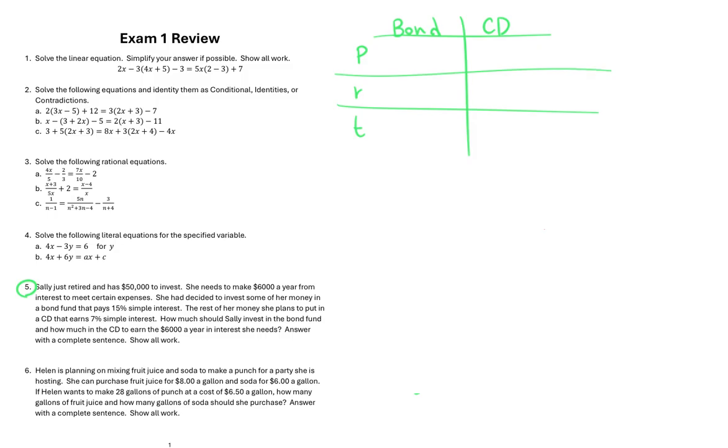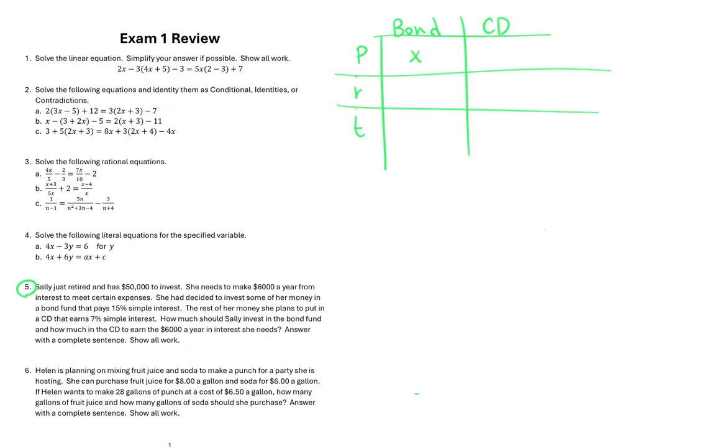Awesome. And I know that P times R times T equals interest. So I know when I add these, once I multiply the things in each column together and I sum them, that should equal my total interest. Okay. So let's go ahead and get started. So we don't know how much is invested. In fact, that's what we're trying to find out. So maybe let's say that Sally invested X dollars into the bond.